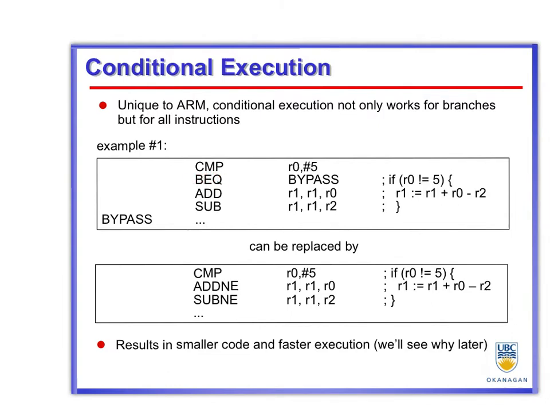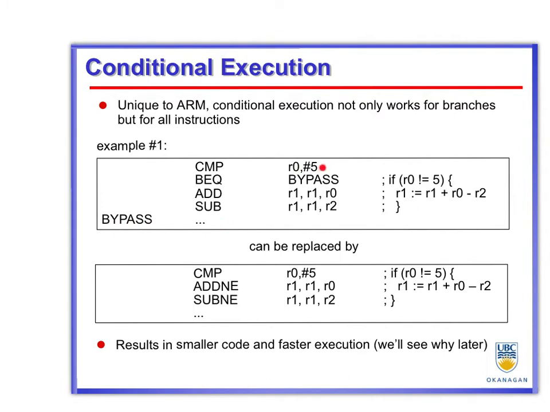And again, we're going to talk about branch instructions in a little bit more detail in a second, but this instruction simply says branch if whatever was done before resulted in equality, okay? If that's true, then we're going to branch to the instruction which is at the address bypass, which is here. Bypass is a label for another instruction that comes later in the code.